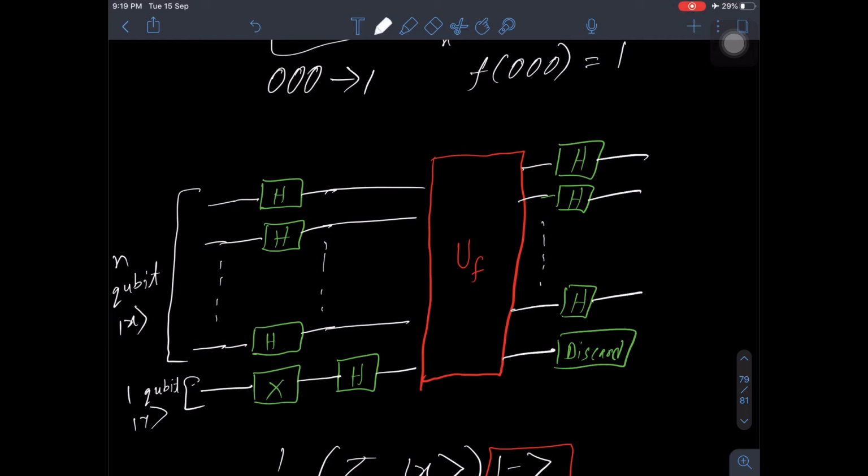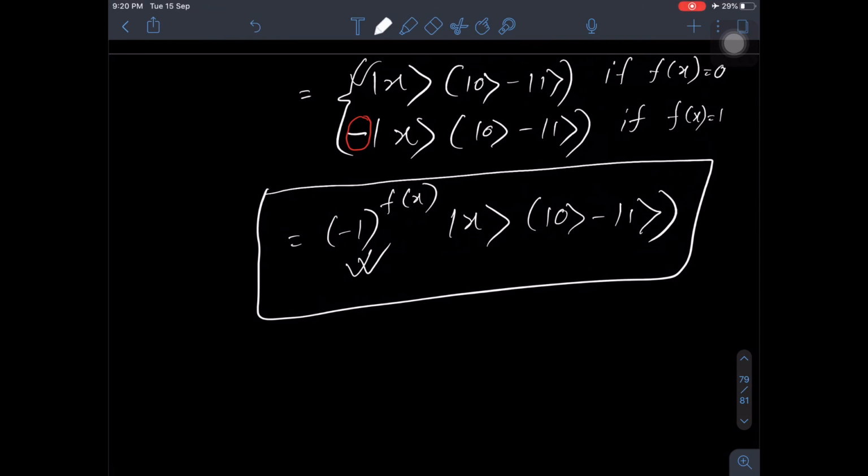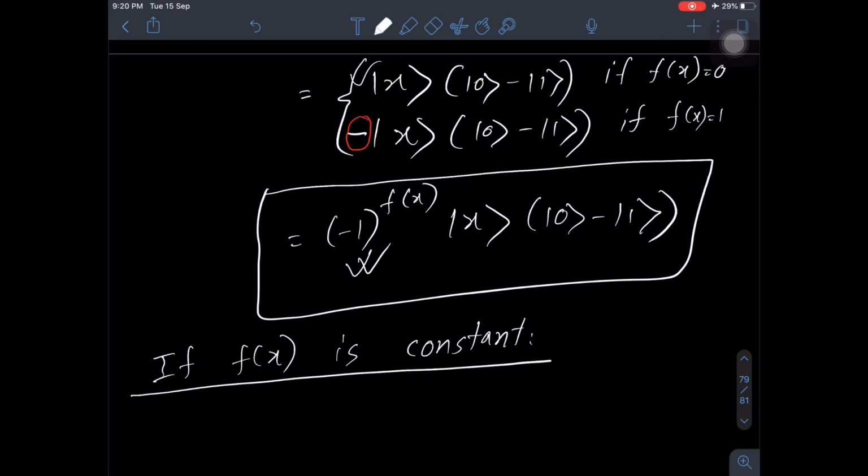So if this is a constant function, then what you're going to get, let's check that. Let's suppose f of x is constant.